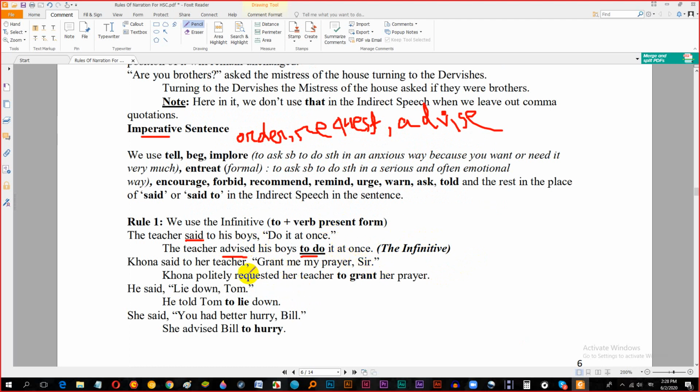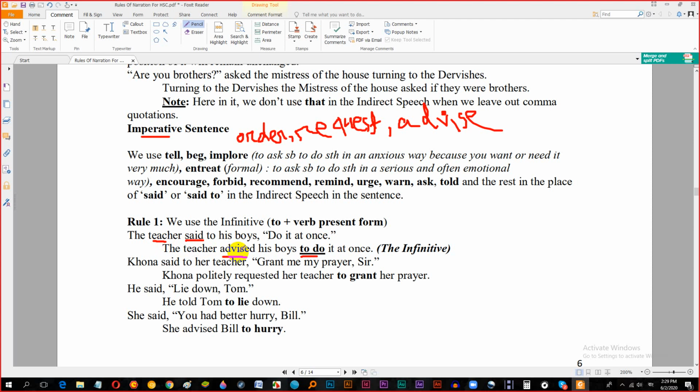Okay. So here, the teacher said to his boys, do it at once. The teacher advised his boys to do it at once. Here we have changed the reporting verb into advised, because what does a teacher generally do? Teachers generally advise us.